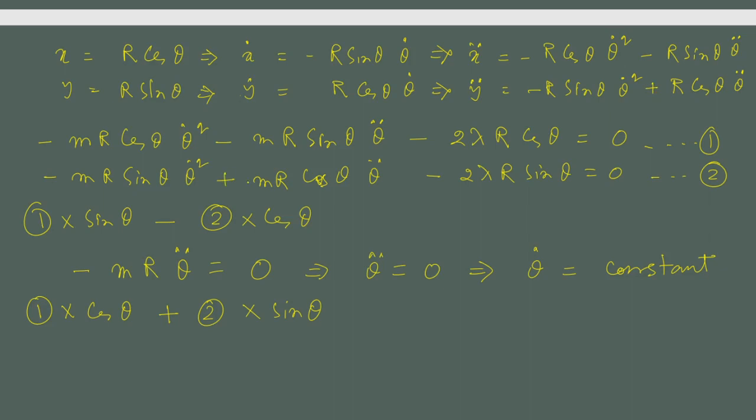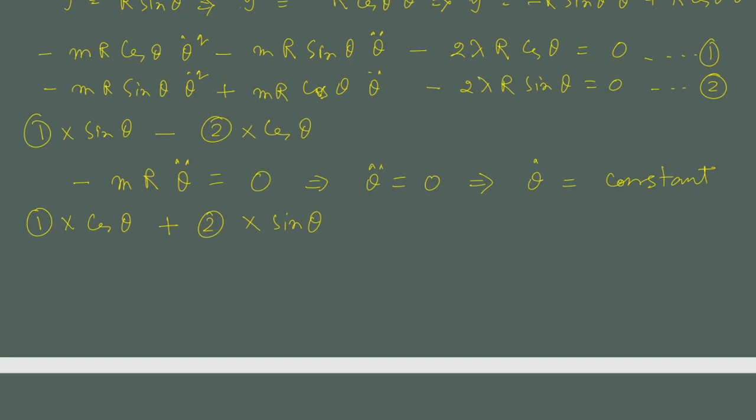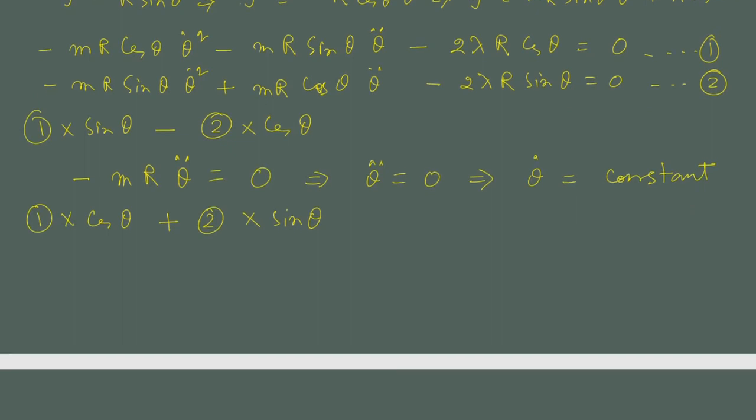Yes, okay. The sign must be opposite, otherwise the subtraction will not add up. Now if we do this, what we get is something like this, and that gives us lambda equal to m theta dot square by 2.